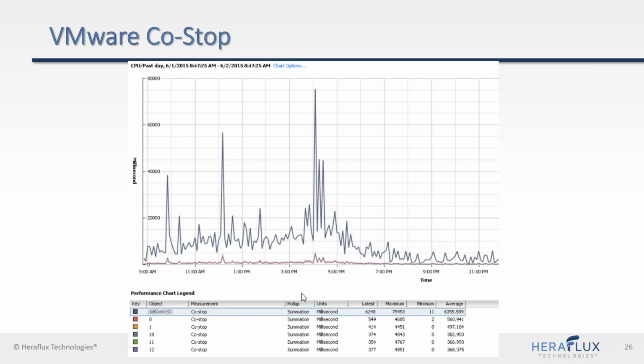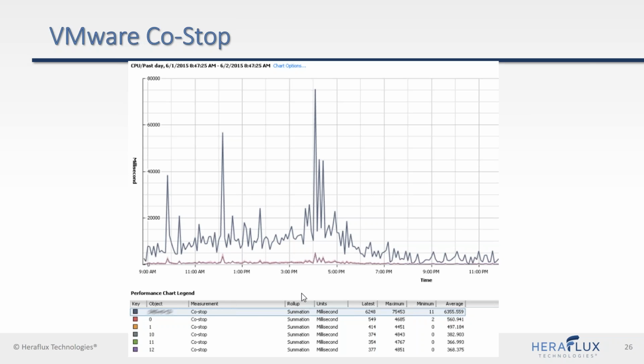What happens here is that these things can bury you. From a host CPU perspective, what most things monitor, this physical machine was running less than 5% CPU busy, but our Co-Stop numbers here, 300, 400, 500 milliseconds, were so bad we were looking at over a 95% performance degradation on this particular machine.